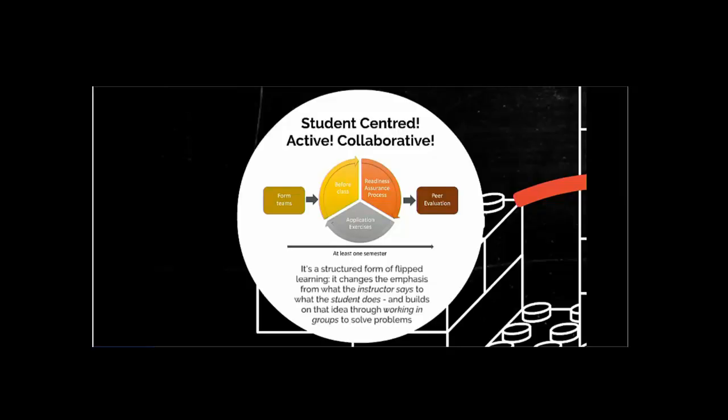Alright, and then every time before you even come to class, you are supposed to study the material. So usually it means that you have to watch the online lecture. If you don't want to watch the online lecture, you can read the textbook. It is up to you. The textbook contains all the material.